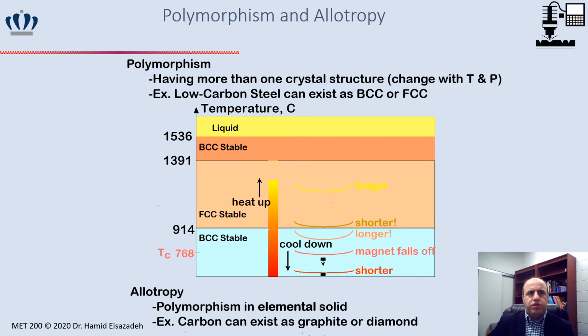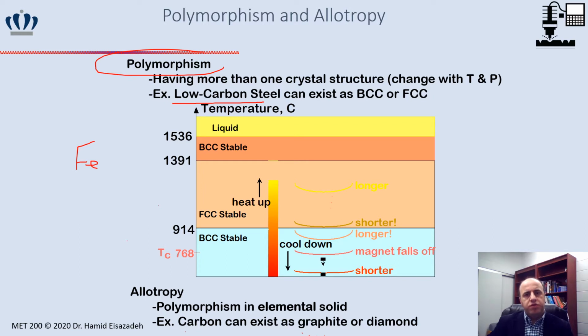Also, we discussed the polymorphism concept, which is a characteristic of some materials that show more than one crystal structure. For example, low carbon steel or Fe, pure iron, has a BCC structure and an FCC structure. It's not one crystal structure.